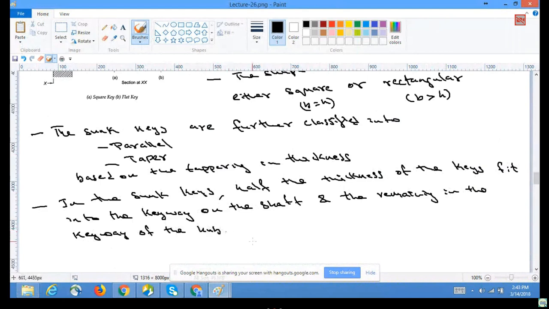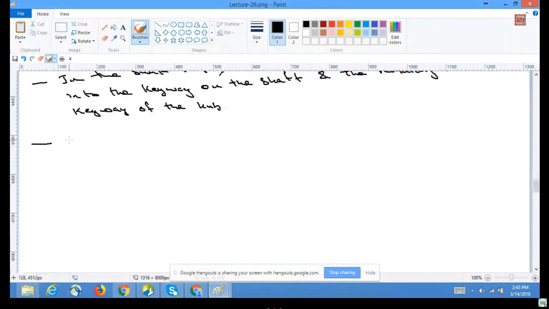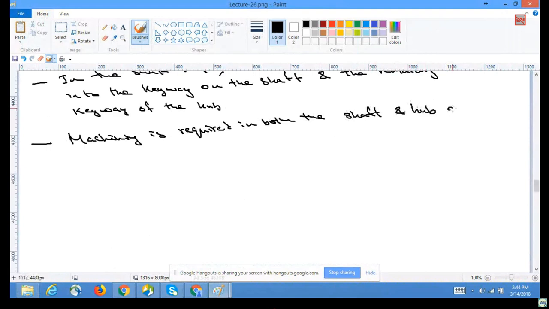So that means machining is required in both the shaft and hub, and hence it is not as economical as saddle keys.